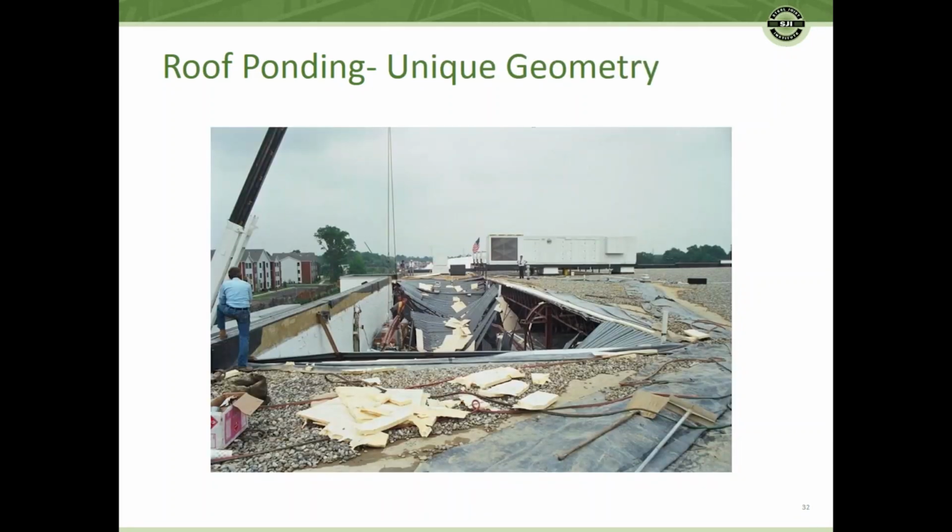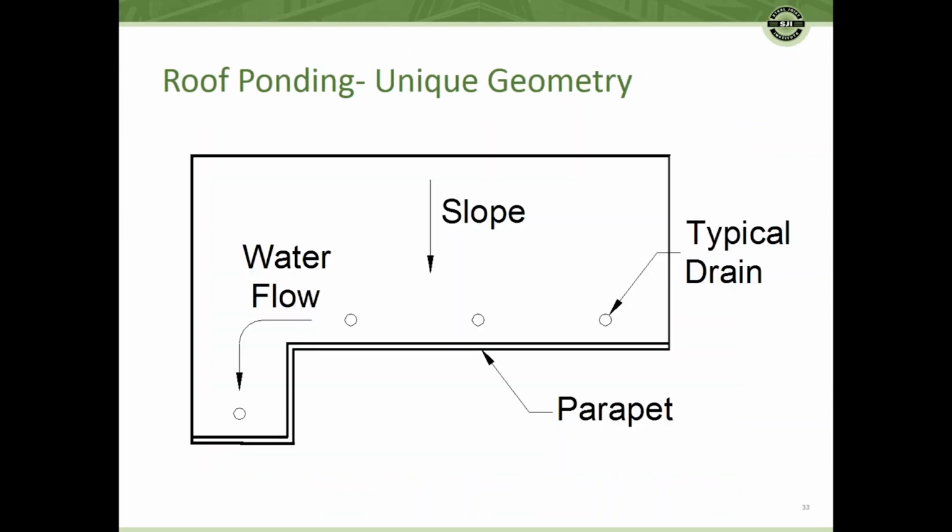This was another ponding situation I looked at, and it caused me to look at this kind of scenario, of which now there's a picture in ASCE 7. Water coming down the slope doesn't want to go into these drains particularly.